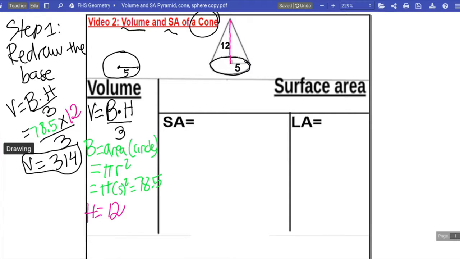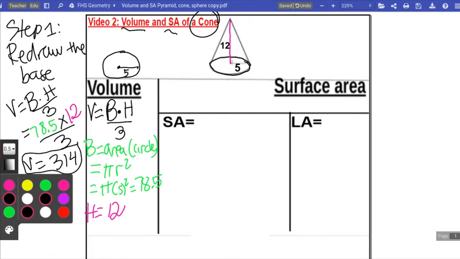Now let's move to the surface area. Let's talk about the formula. First, this is the total, and this is the lateral. I'm going to start with the total first. Total surface area is pi times radius squared plus pi times r times slanted height.